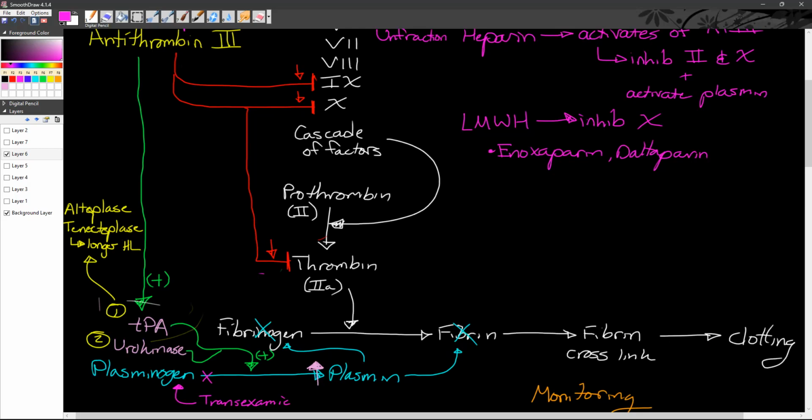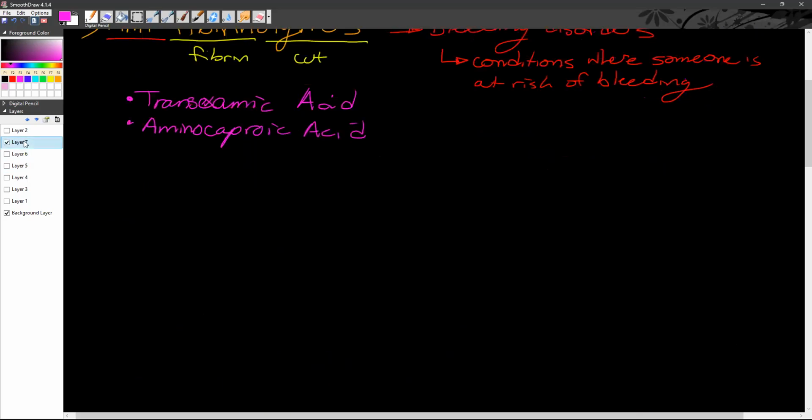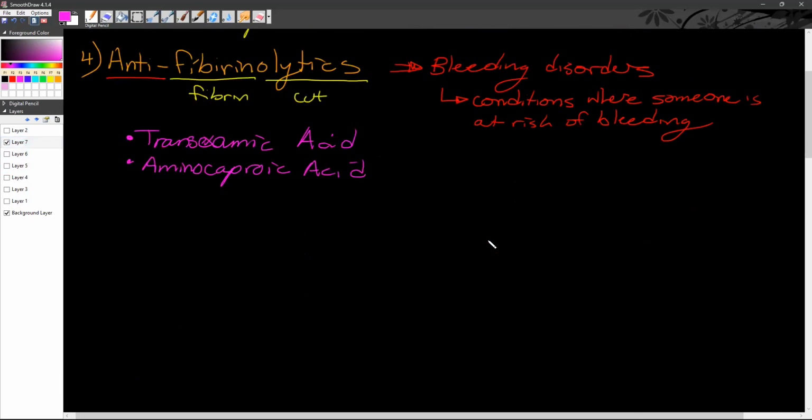Wait, so does that mean that tranexamic acid is also used for bleeding? It wouldn't necessarily be used in hemorrhage where someone has a gastric ulcer or something like that. The reason is because it works too slow. So in a case where someone is bleeding too much, we wouldn't necessarily use it like that.